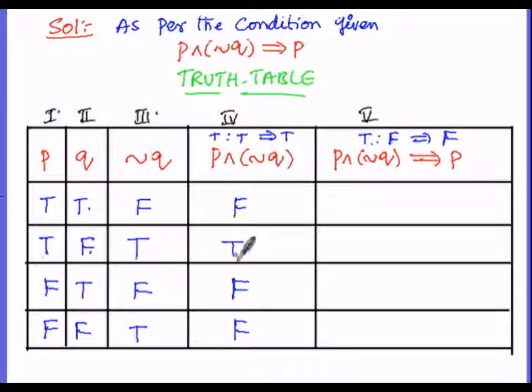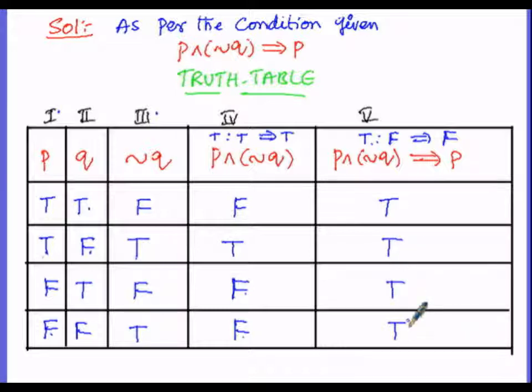In the second case it is TT, but we need TF. In the third case it is F and F, but we need T and F. In the fourth case it is F and F. So if we get T and F, the implication will be false, but here we do not, therefore the truth values will be true in all the cases.